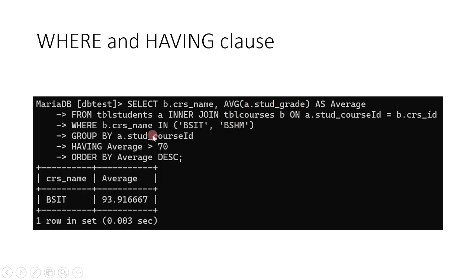But after the aggregation, we have another condition: the average must be greater than 70, and we know BSHM is 64, so therefore BSHM is excluded again.